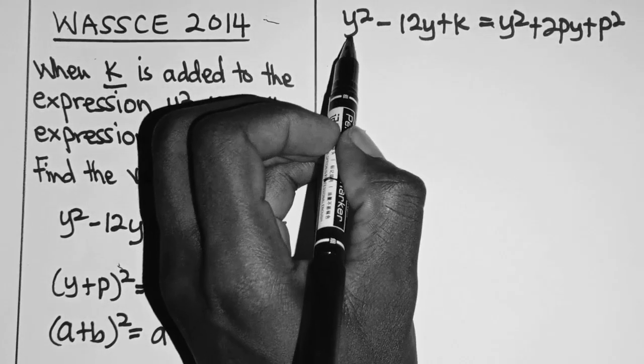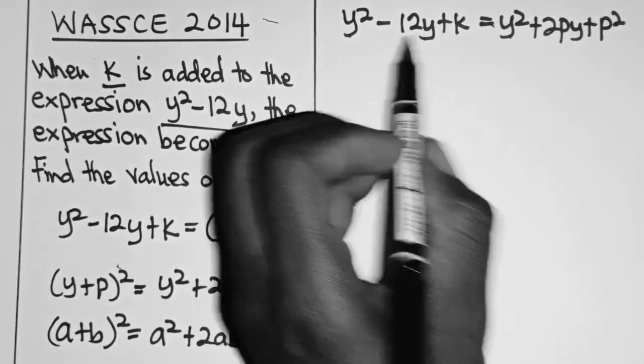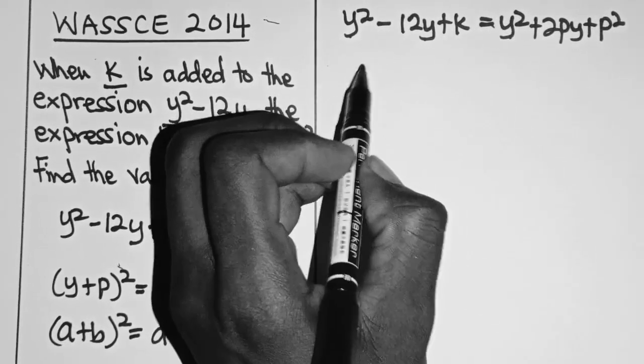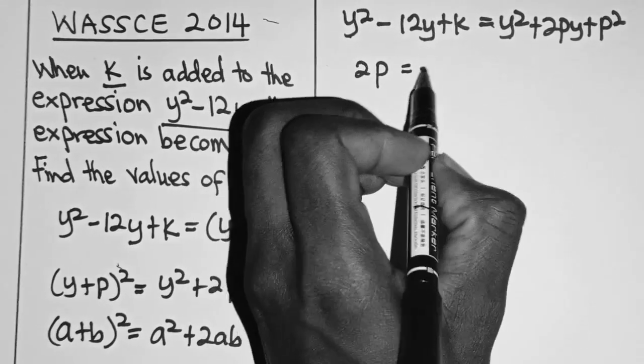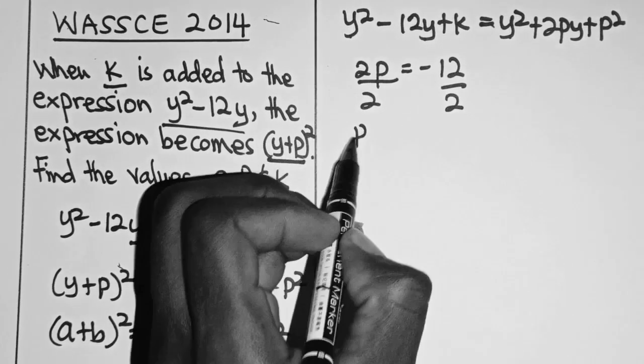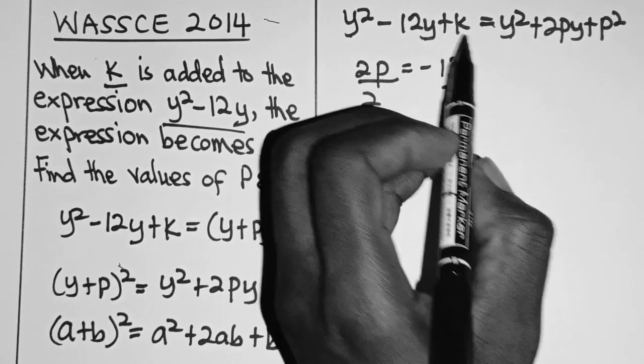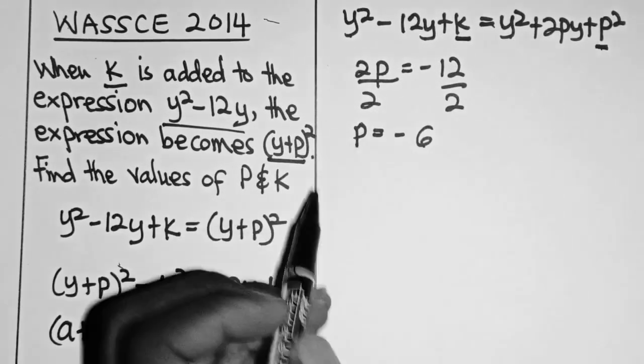So you can see that here is y squared, here is y squared. Here has y, here has y. So that means we can equate the two. So this means that 2p is equal to minus 12. If you divide through by 2, you find out that p is equal to minus 6. And then here has got nothing. You see here is k and here is p squared.